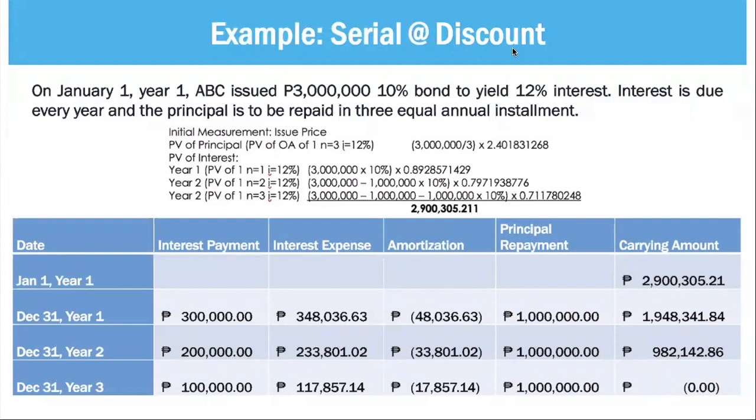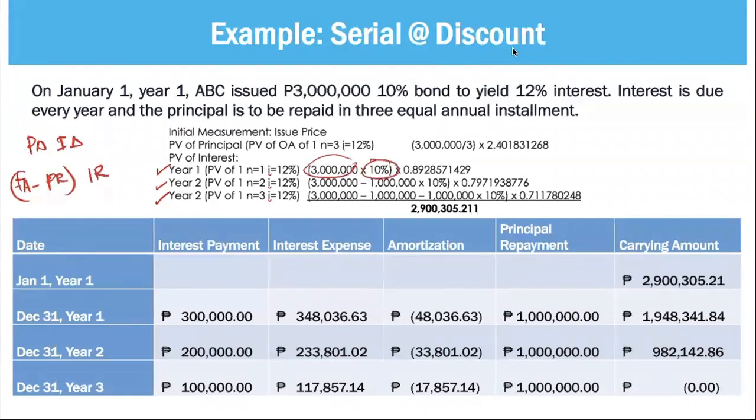So I told you if ever the principal changes, the interest changes. That's why we computed three types of interest. Take note, to compute your interest, it is equal to your face amount less principal repayment, multiplied by your interest rate. Here we have your face amount multiplied by the interest rate because there is no principal repayment.